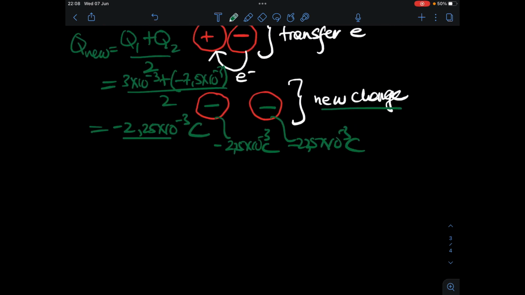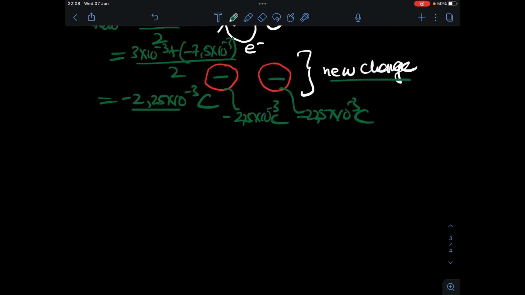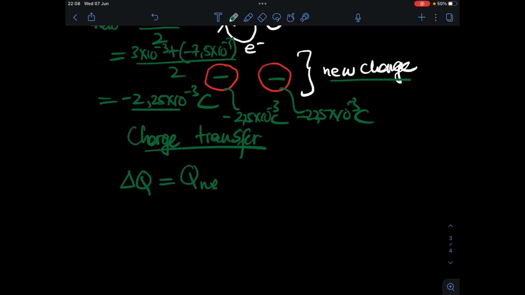Now let's say the question says calculate the charge transfer. This is how you calculate it. There's a formula that says delta Q is equal to Q new minus Q original. This formula you are not supplied in the data sheet. You have to memorize it by heart.